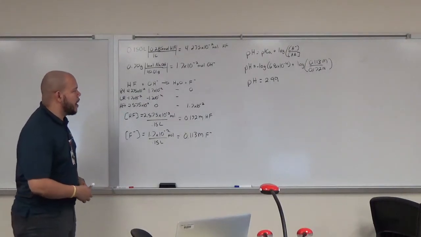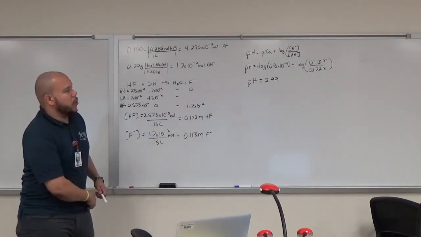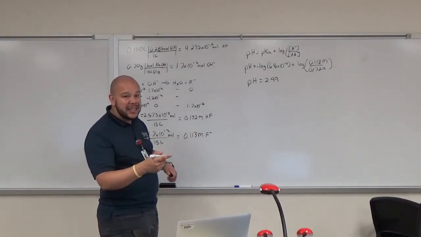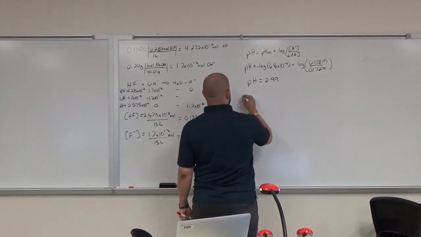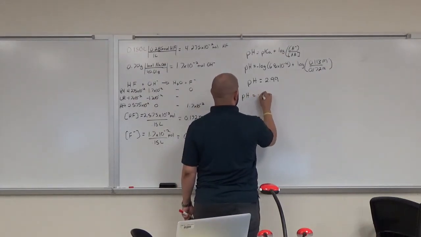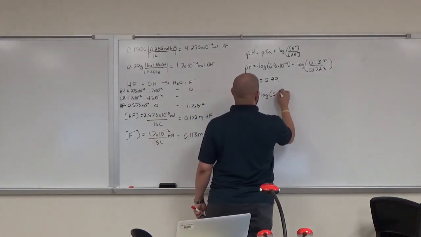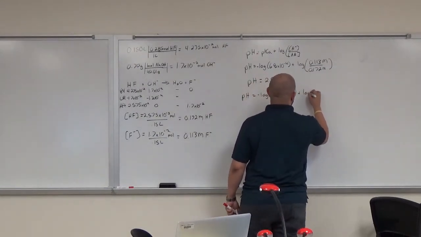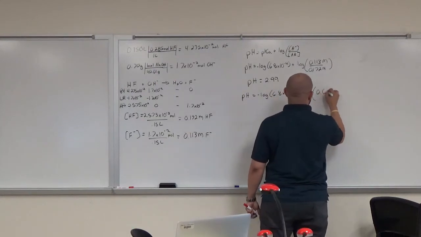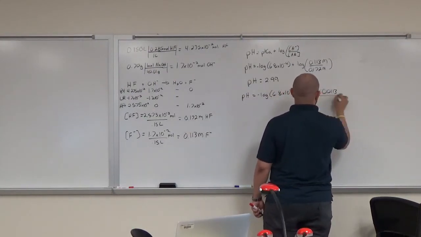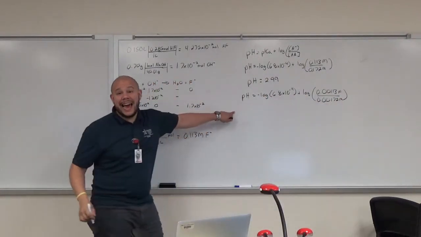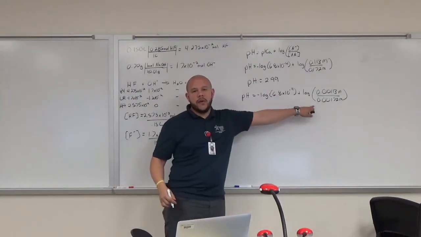Now let's talk a little bit about the buffering capacity. So if we were to take a look at a buffer that was pH equal to negative log 6.8 times 10 to the negative 4 plus log of 0.00113 over 0.00172, what we should recognize is that the ratio here has not changed.